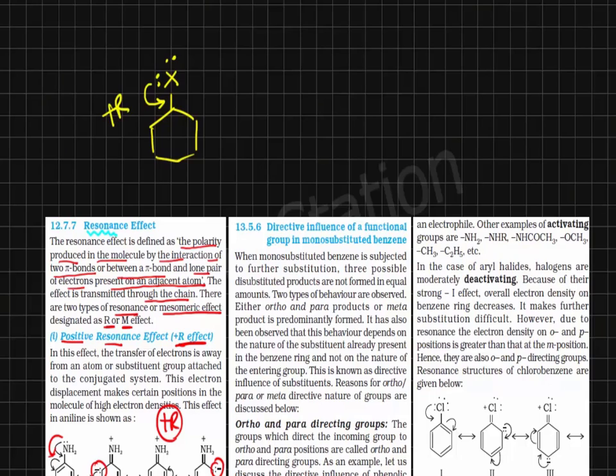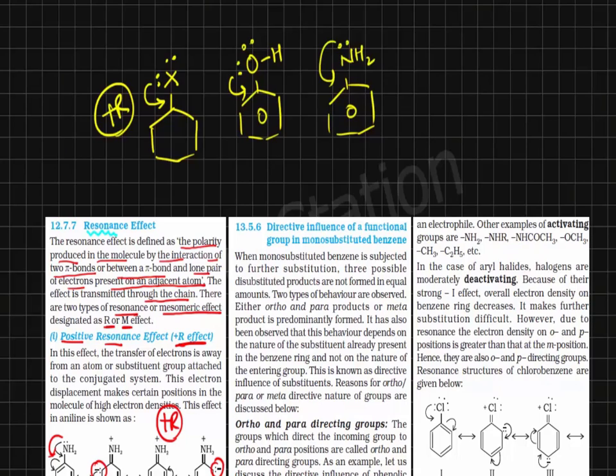That means, it will be which effect? Plus R. Now, you think of phenol, O, H, how many lone pairs with oxygen? 2, it tends to give electrons. Then you have aniline, it has one lone pair, it will tend to give electrons. So, usually the first atom attached to the ring, if it has a lone pair of electrons, definitely is going to give electrons to the benzene ring. They will show plus R effect.